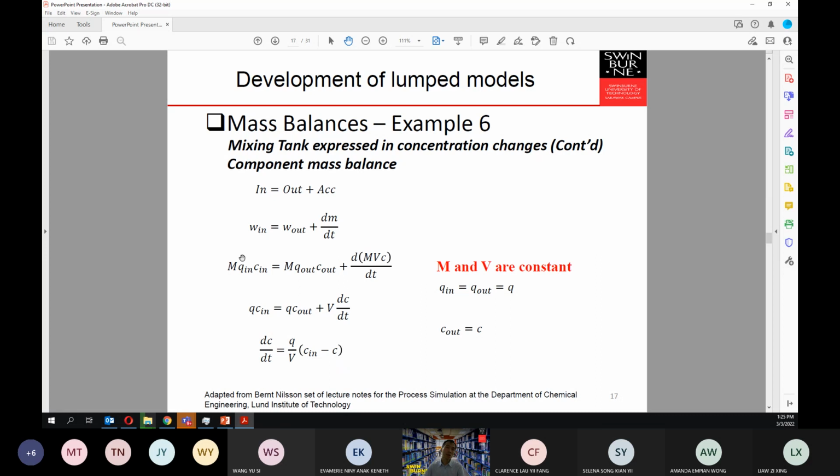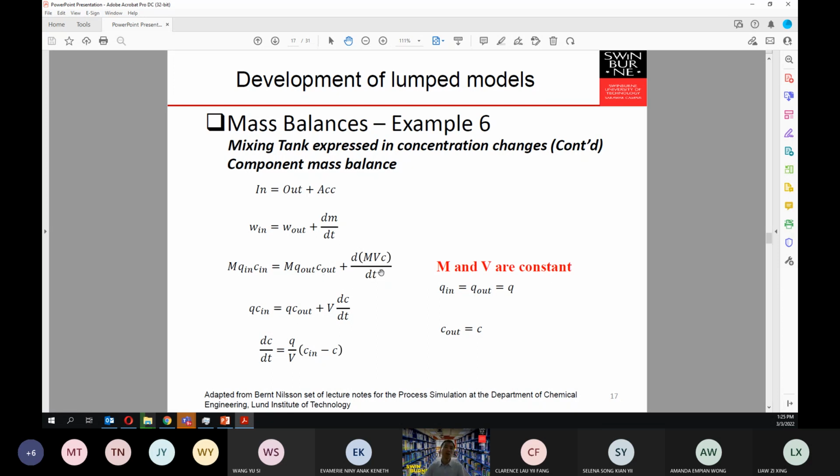So for example, you can put it like a kilogram per kilogram mole or gram per gram mole. The flow rate will be, for example, meter cube per second, and then the concentration will be, for example, gram per meter cube or whatever the unit is. You just need to make sure that every unit is consistent in here, okay?